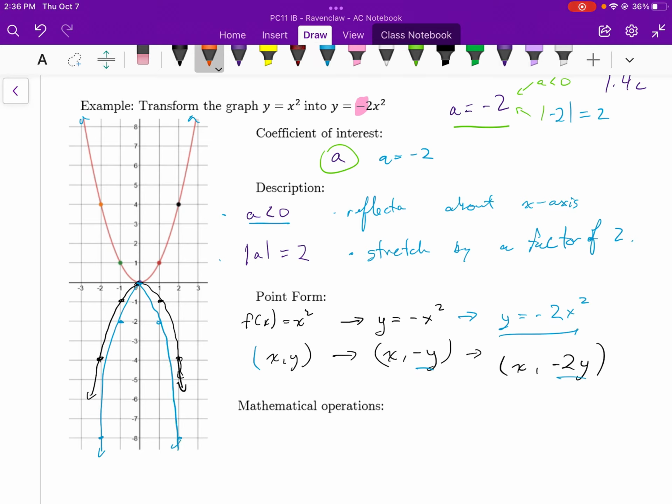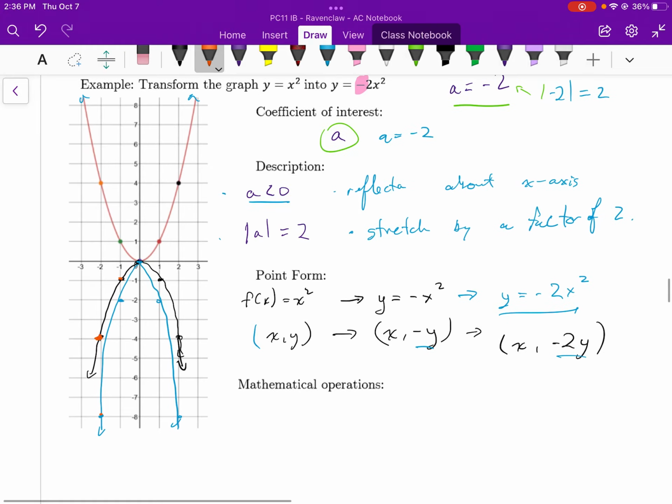So for instance, my point -1, 1 becomes -1, -2. This point here, -2, 4, now turns into -2, 8.